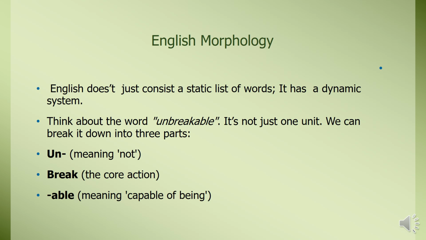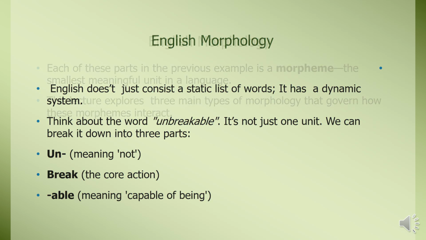If it's static, then we'll end up having just break. But because it's not static, we'll have unbreakable, we have breakable, we have breaks, breaking, and broke. So because of the dynamic nature of the language and of the vocabulary, we can always generate new forms.